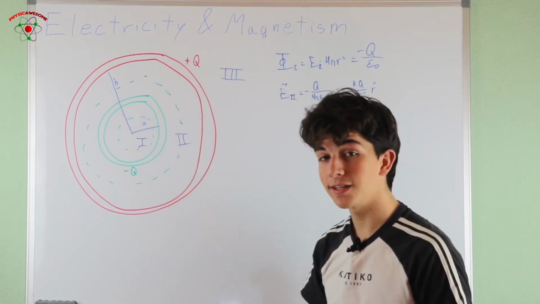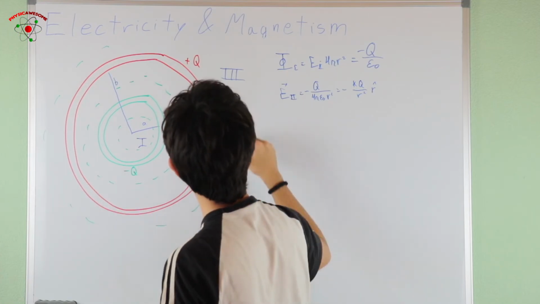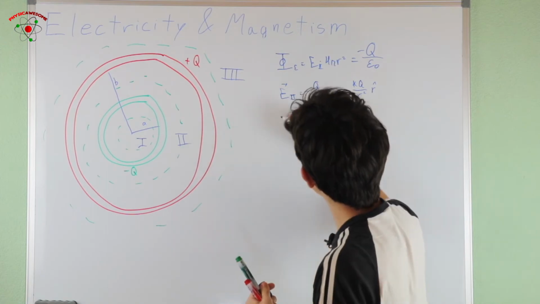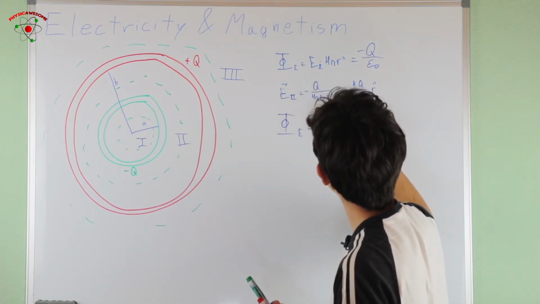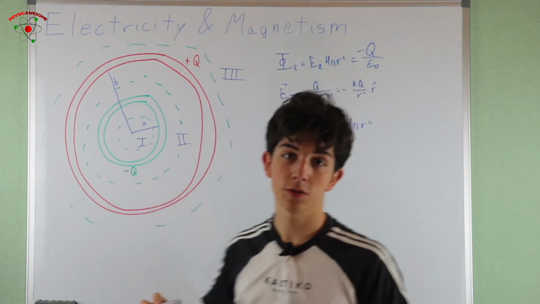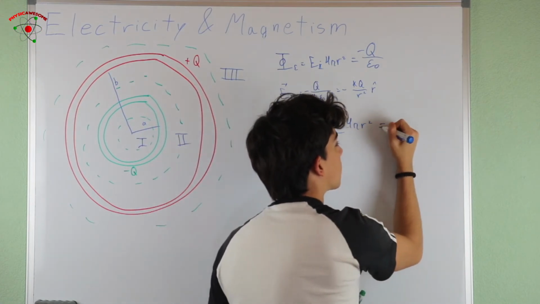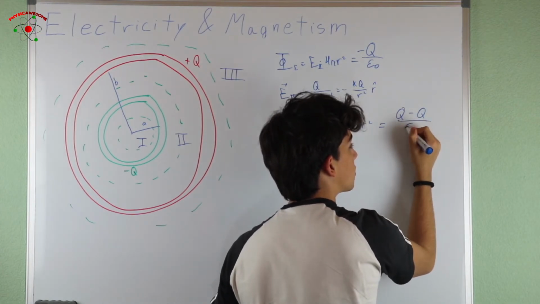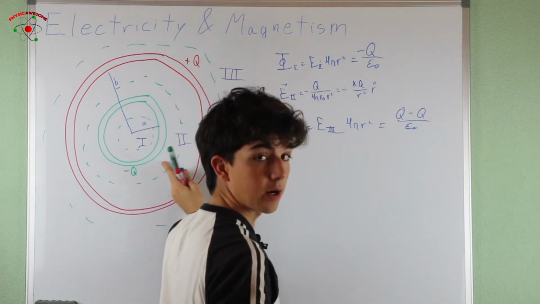We can easily check that by applying Gauss's Law over here and finding that the electric flux in region 3 is equal to the electric field times 4 pi r squared, and it's Q minus Q. That is the total charge enclosed, the positive part plus the negative part.